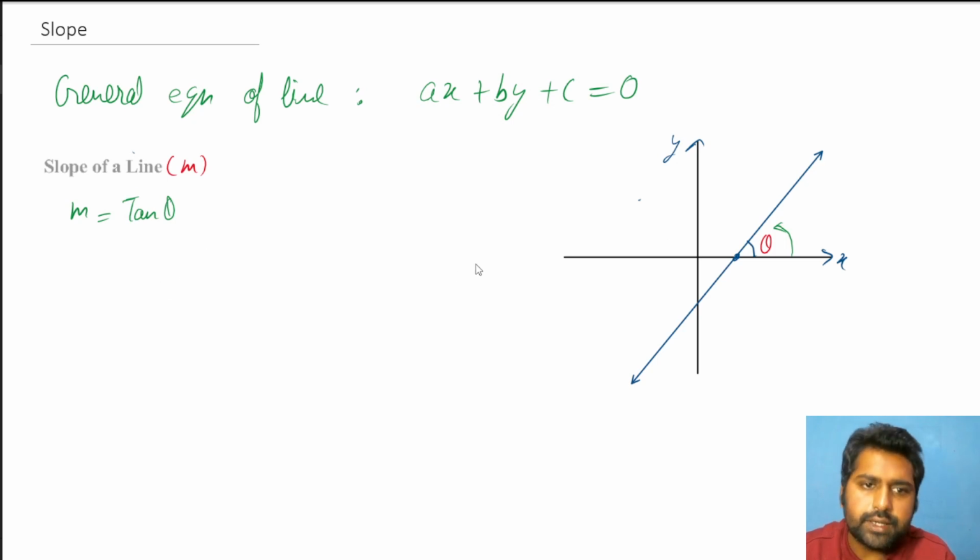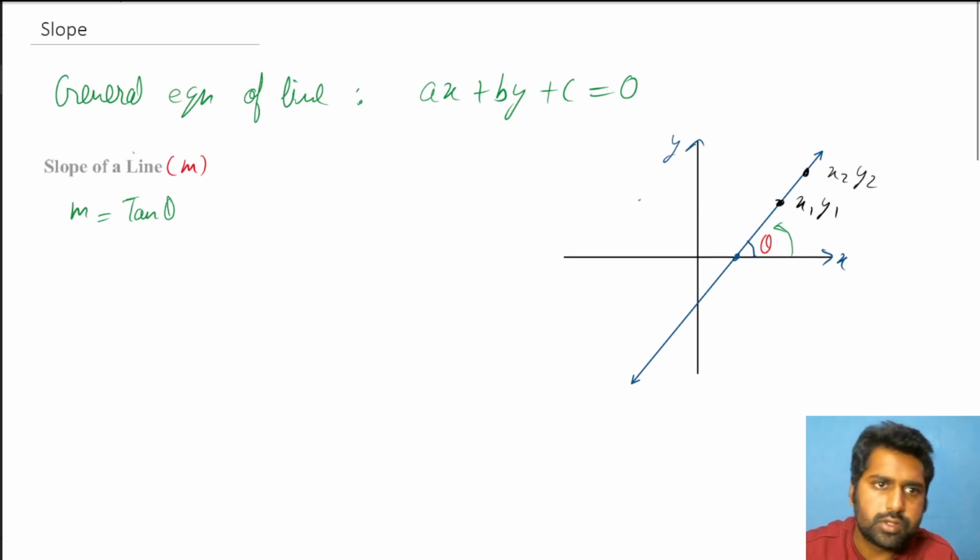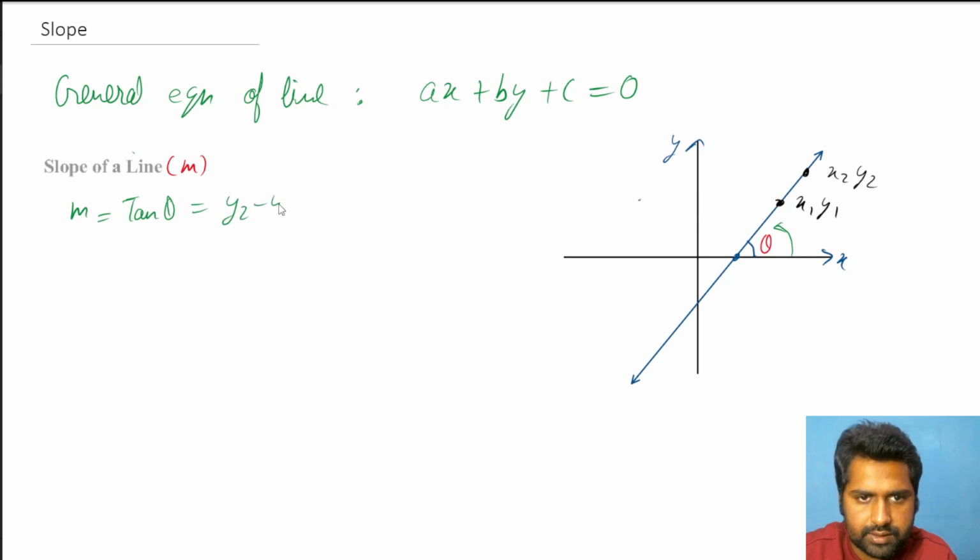There is another way to calculate slope. Suppose you have 2 points on this line, x1 y1 and x2 y2. Another way to calculate the slope is y2 minus y1 upon x2 minus x1.